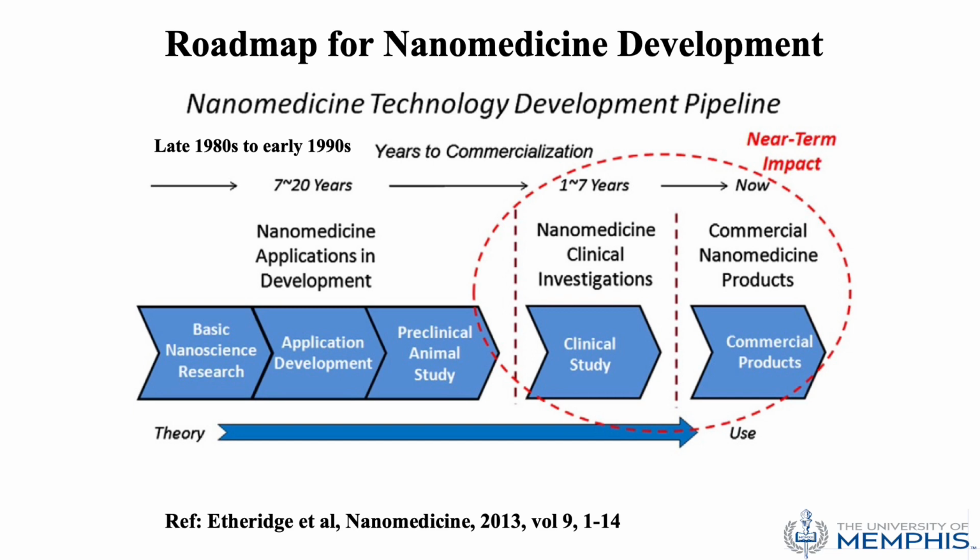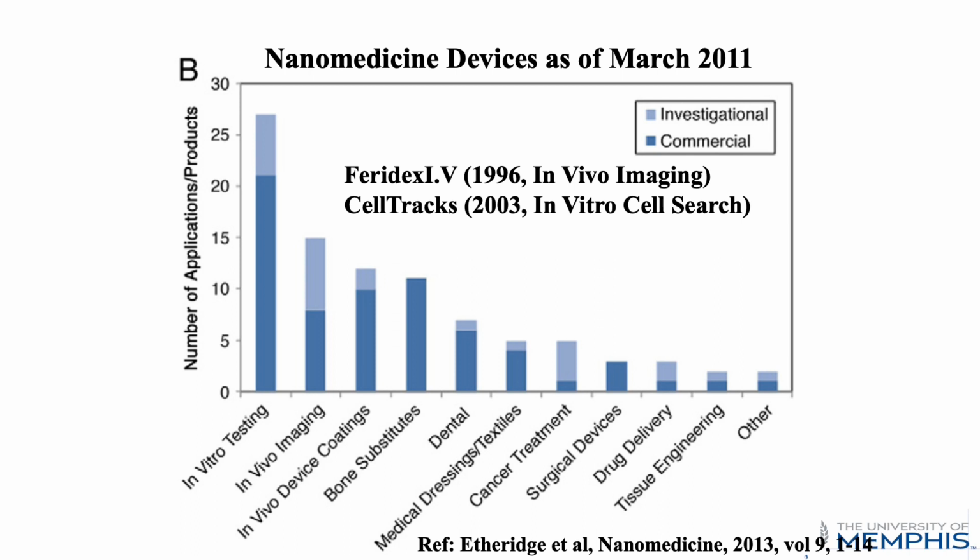This is taken from a review article written in 2013 on nanomedicine. As you can tell, by 2013 there was a lot of nanomedicine that had been commercialized. This is an example of nanomedicine devices as of March 2011, so that's a decade ago. These are examples of the number of application products for in vitro testing, in vivo imaging, and bone substitutes.